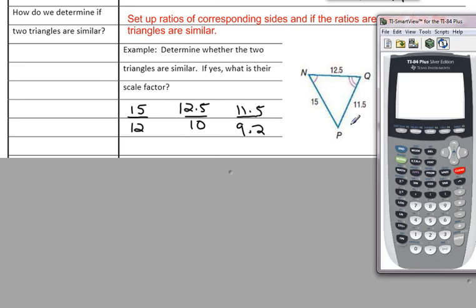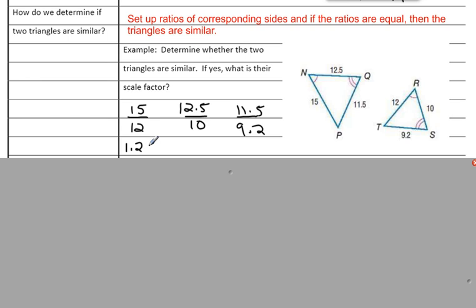Then I would determine if the ratios are equal. So is 15 divided by 12 equal to 12.5 divided by 10? And is that equal to 11.5 divided by 9.2? Notice how all three ratios equal 1.25?